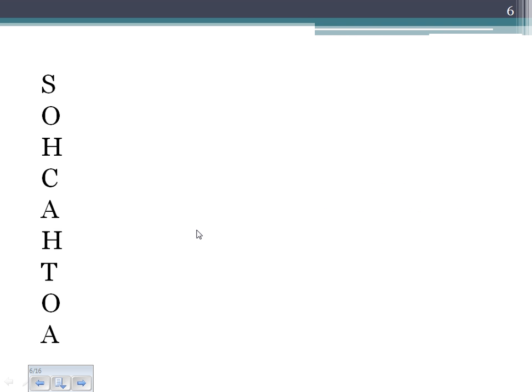Now what is our mnemonic device? Some of these words you may have seen before, some of them not. This is very, very important, so please put a box around this. This is going to be the key for the next three lessons. The S stands for sine.